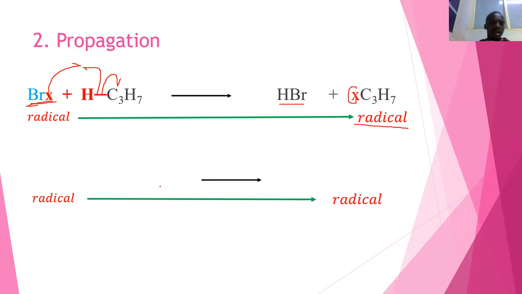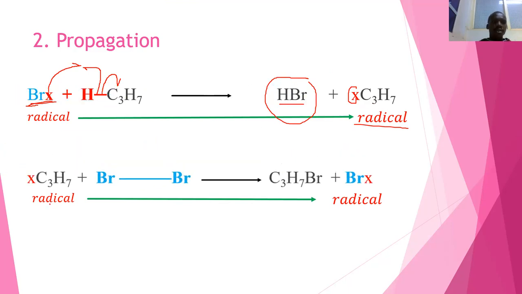So that propyl radical, then we said we form this product, which we had explained in the previous display. Now, this propyl radical reacts with the radical that was formed from the non-radical, that is, the bromine atom.